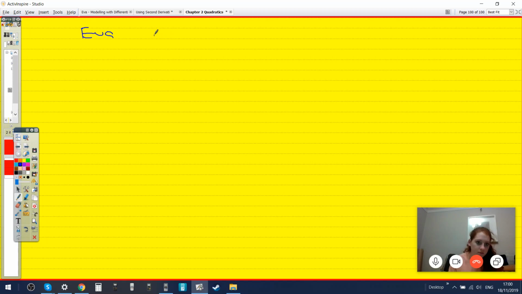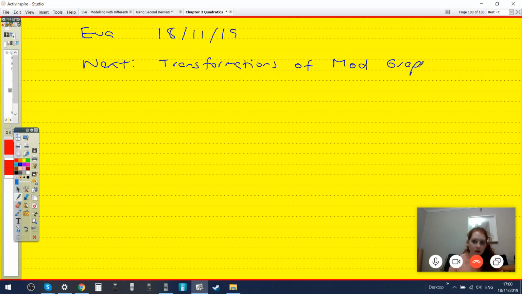Okay, so transformations in general, of mod graphs, because they can be reflected, they can be stretched. So transformations of mod graphs, yeah.